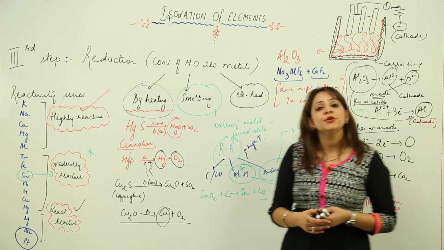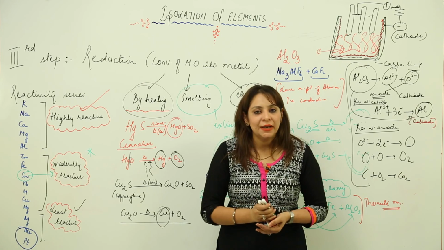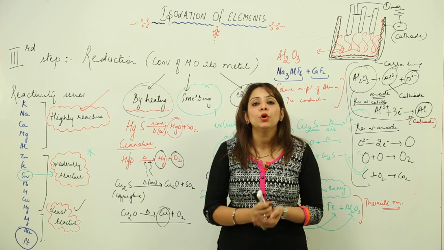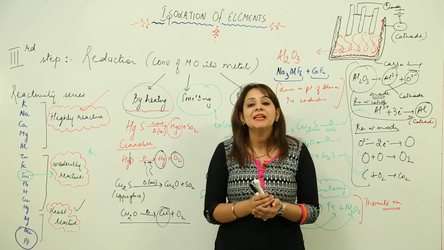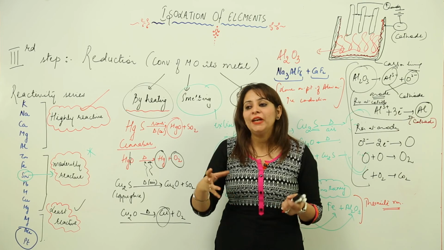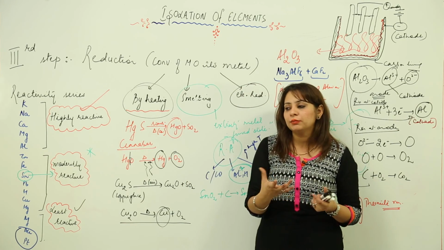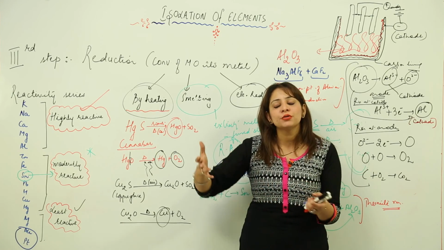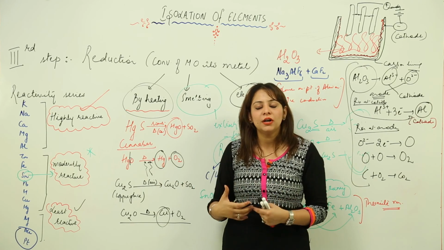After the completion of the third step, we have reached a point where we have achieved our metal, but that metal is not a pure metal. I'll use the word crude metal, that means it has certain kinds of impurities. We need to remove those impurities, because when you are using any metal article, like if I want an iron rod, I'm not going to dig up a rock to get an iron rod from there.